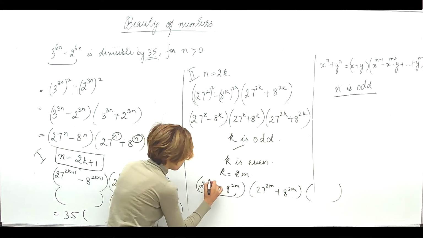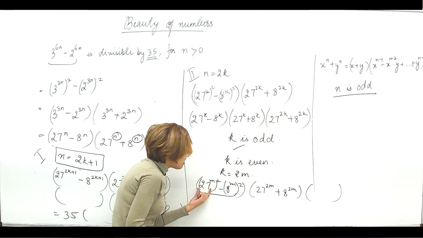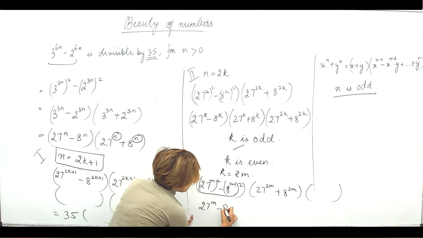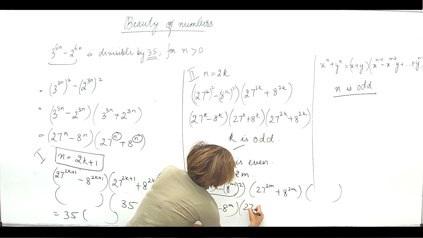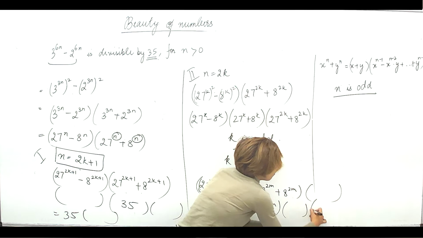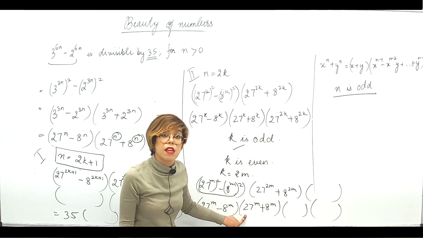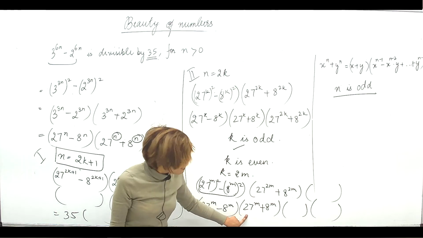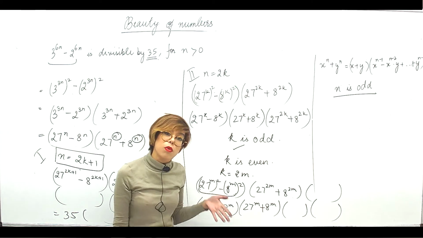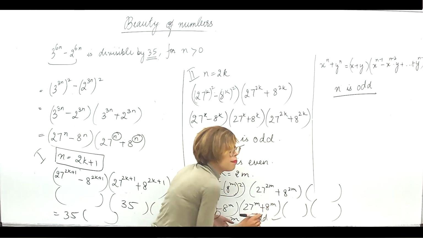Because we write m square and then m square, a square minus b square. So again I can write a minus b into a plus b into this quantity, which I am not writing. Now again this thing is there. Now I can get 35 if m is odd. For m odd, we are done, but what if it is even?